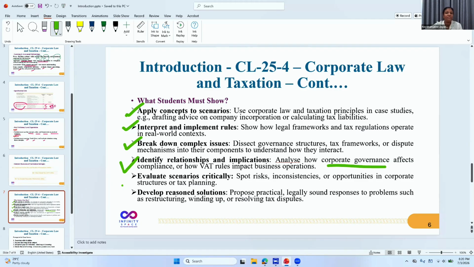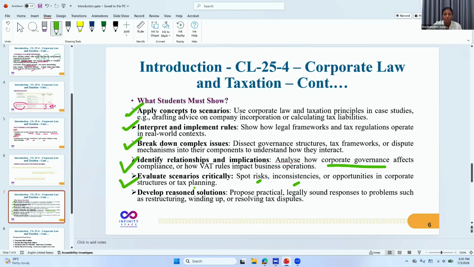And evaluate the scenarios critically. It's not only on tax; you have to look at the risks, inconsistencies due to non-compliance, what penalties and interest are applicable, or opportunities in corporate structures or tax planning. If you are going for expansion, can we go for Fourth City?